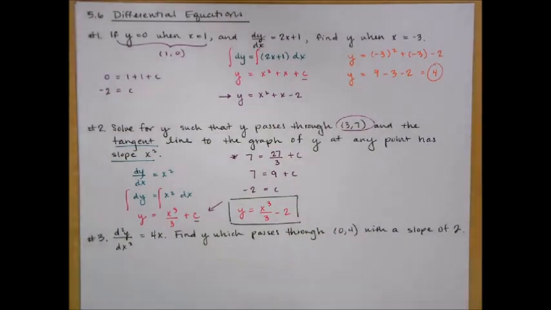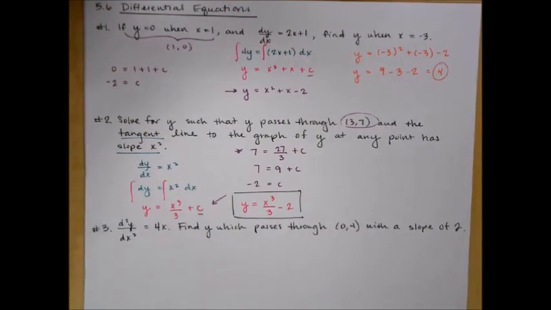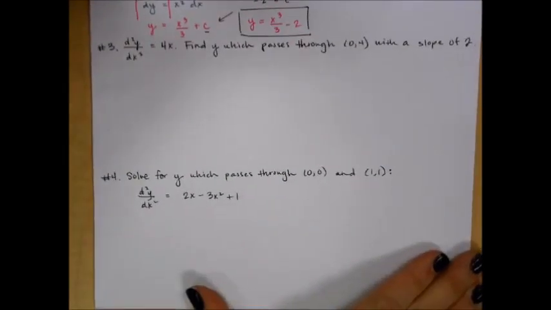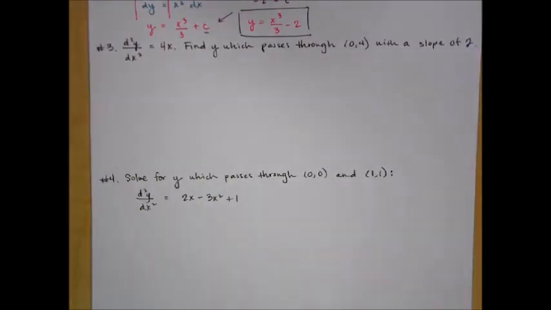All right, the last 2 problems are going to be a little bit different. We're going to start here with second derivatives, and we are solving for the original function y.